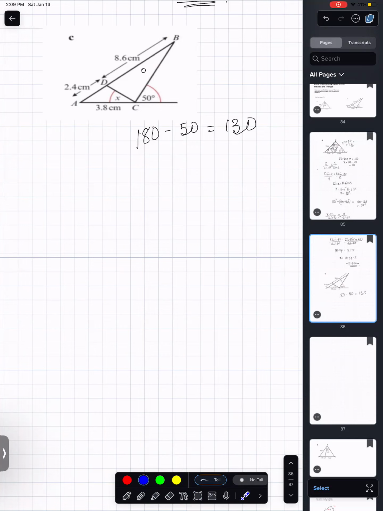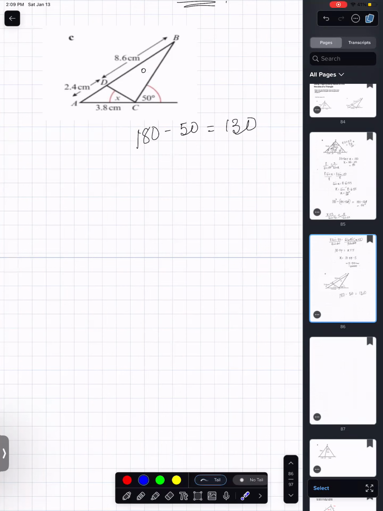We can only apply our sine rule to this, or our cosine rule if we have the side we are looking for. So we've got 130 as the angle of x plus the other missing angle. So with our 130, we are going to proceed. How do we find the other angles that we don't have?